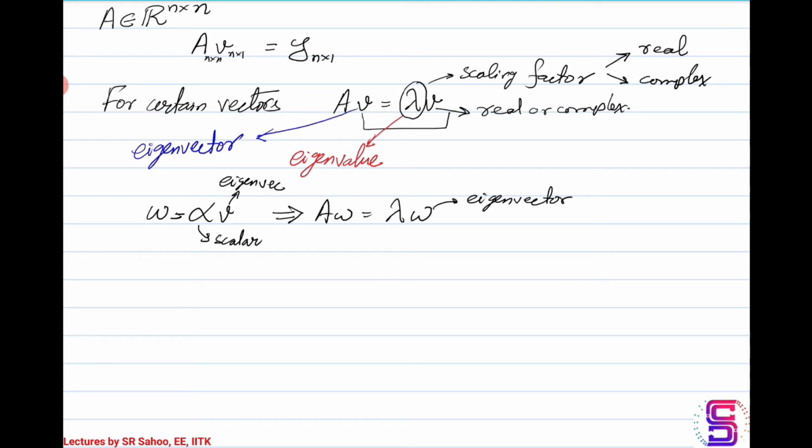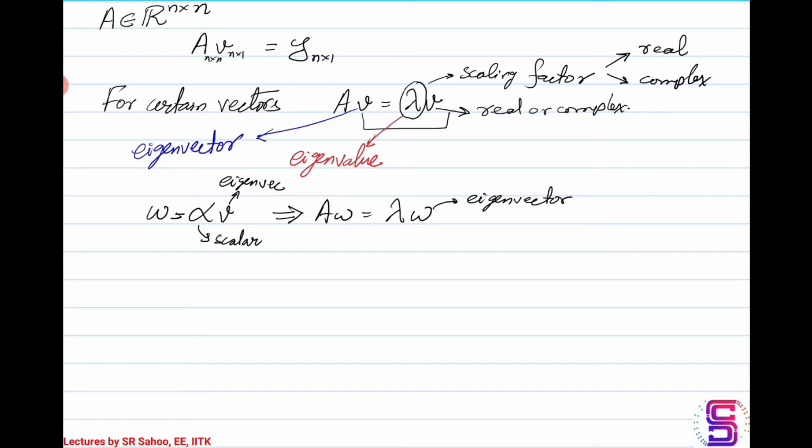So what you see here is that the eigenvector associated with this eigenvalue is not a unique vector. There are infinitely many possible vectors that you can get.